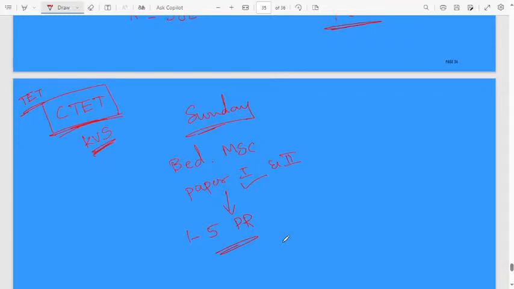She is asking whether she has to appear for paper 1 or paper 2. I don't know. If it is BSc BEd, MSc, we have to consider paper 2. Already it is there in her hall ticket, she got paper 1 also. If she clears it, is she eligible for primary or not, I don't know. If anyone knows, tell me in the comment box, or in the live chat also.